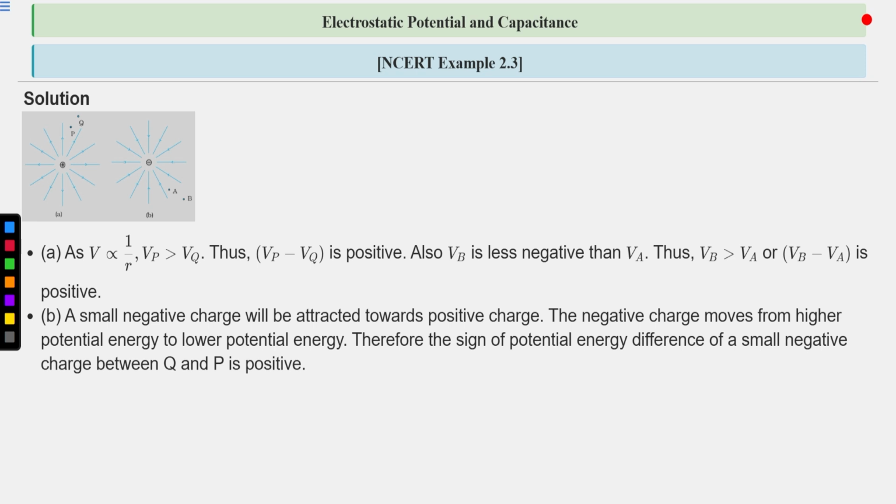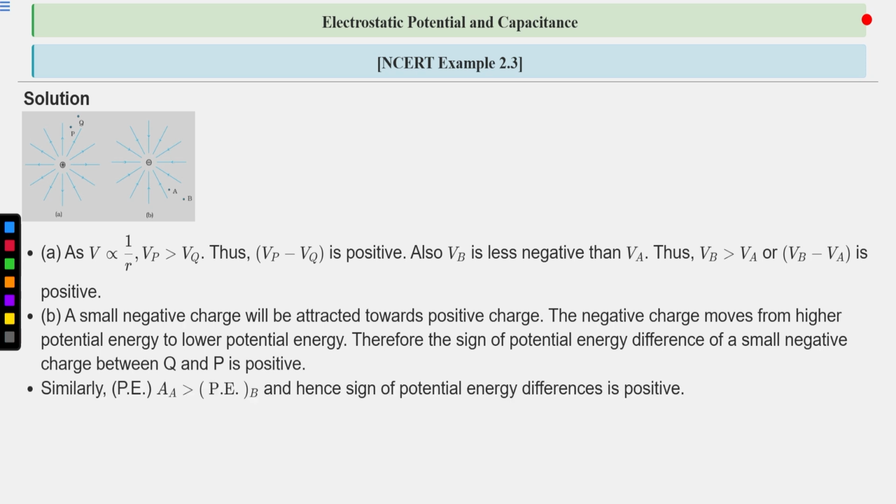It is attracting, na? It is attracting Q. It is not repelling Q. So we are not doing any work against it. So potential energy is decreasing from Q to P. Therefore, the sign of the potential energy difference of a small negative charge between Q and P is positive. UP minus UQ is positive.